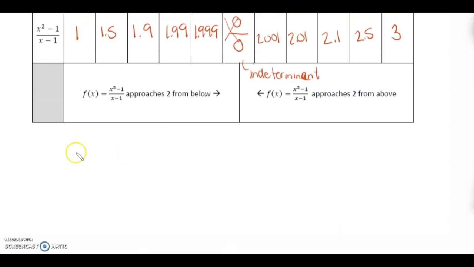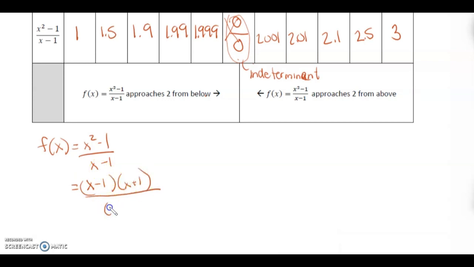Now, let's actually think about this. Why do we get 0 over 0 in this middle number? So we have f of x equals x squared minus 1 over x minus 1. If we were to factor the numerator, we get x minus 1 times x plus 1, and the denominator stays the same, x minus 1.